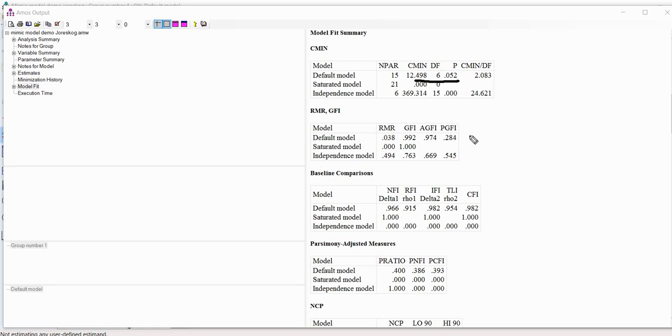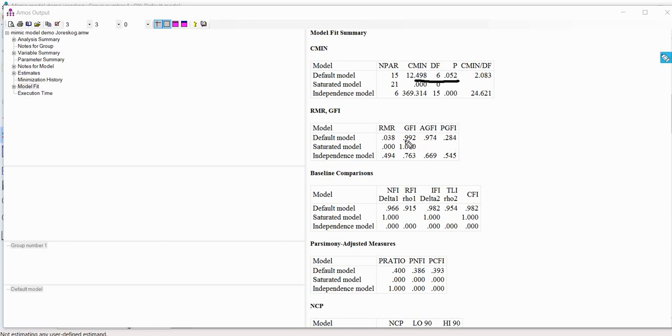We also look at other fit indices, mainly because the chi-square goodness of fit test is impacted by sample size, and given that SEM is a large sample procedure, it's not unsurprising to have situations where you have a significant chi-square test, but then other indices indicating that the fit is actually good.